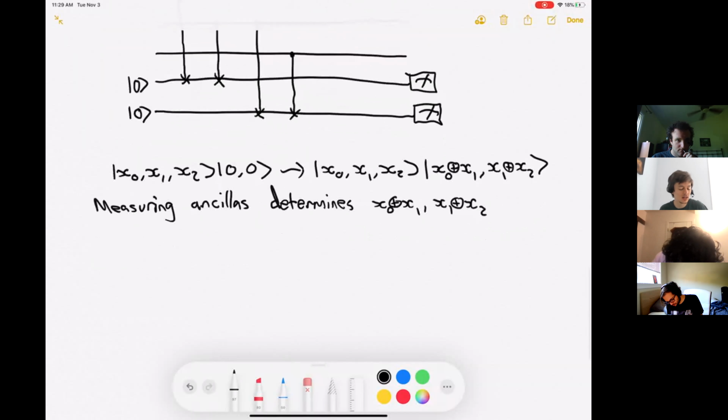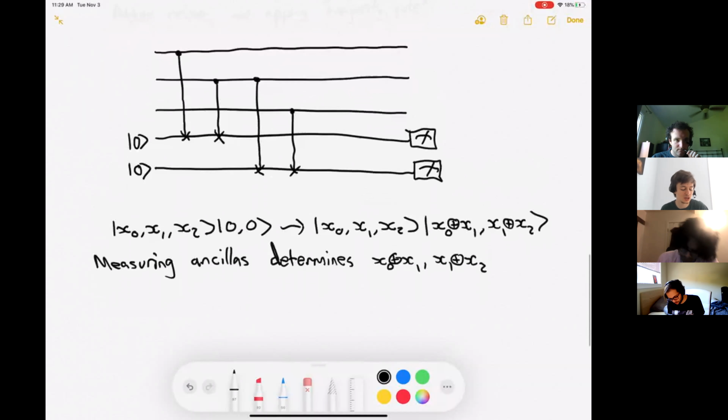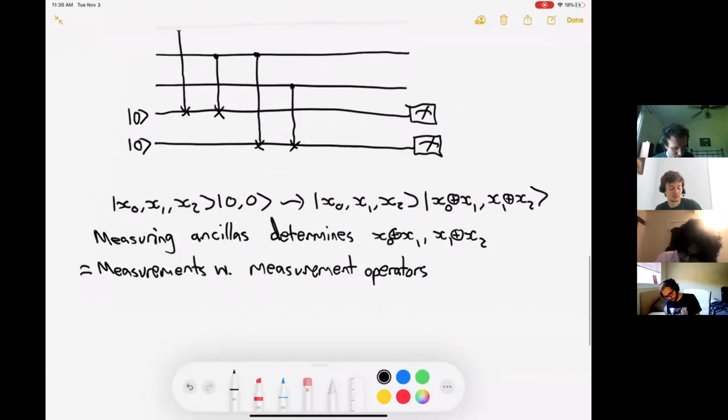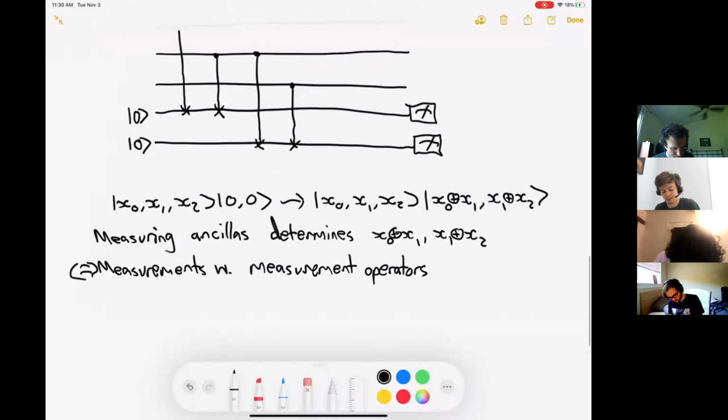We can think about this directly on the original 3 qubits as the following measurement, with measurement operators Z1 times Z2.